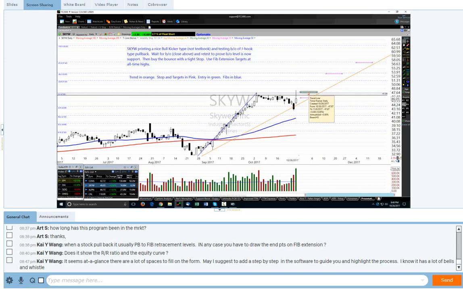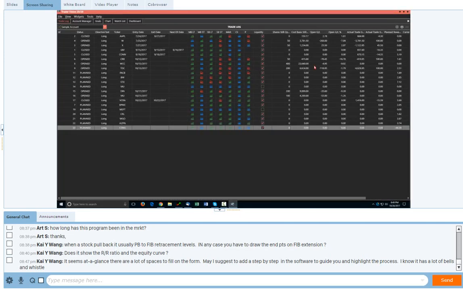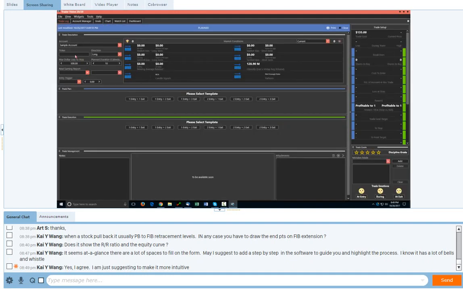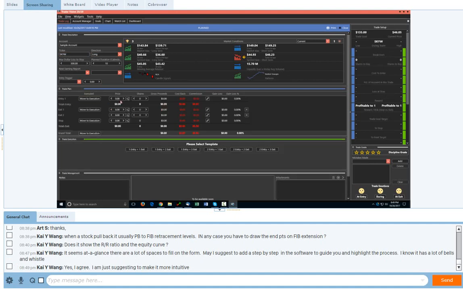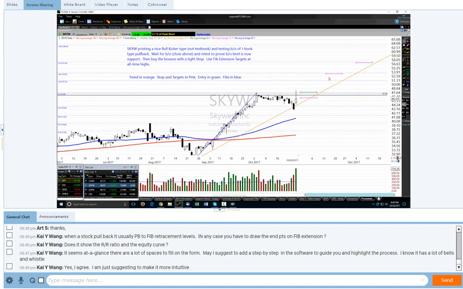Back here on SkyW, so we're looking at, I'm looking to buy about 47.85 with a tight stop about 46.25. And what were my targets?